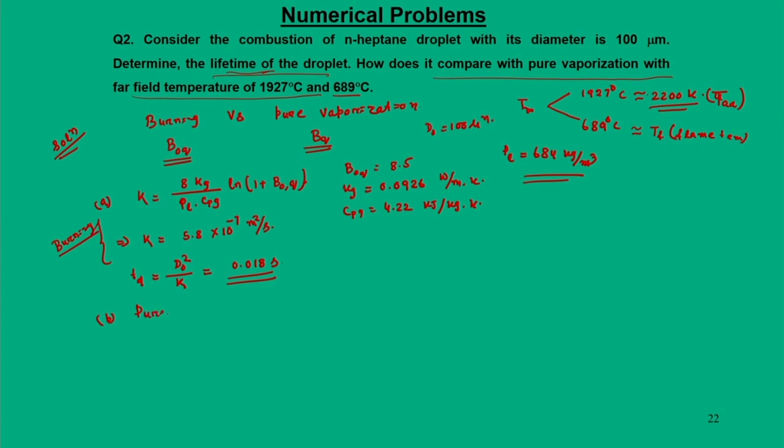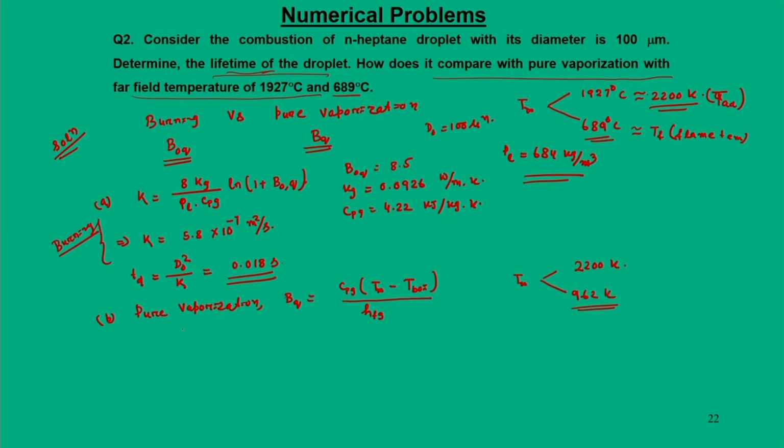When we say pure vaporization, instead of BOQ we will be using the expression BQ, that is CPG (T infinity minus T boiling) divided by HFG. Now T infinity can have two numbers, one is 2200 Kelvin, other could be 962 Kelvin, 689 degree centigrade, which is nothing but your flame temperature as derived in question number 1.